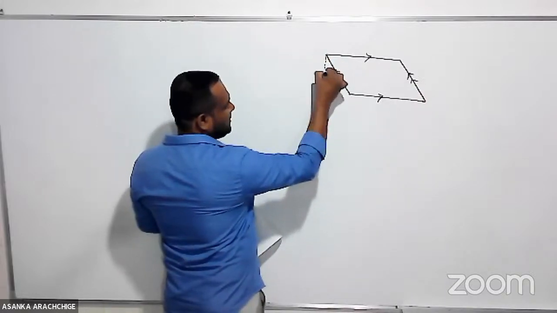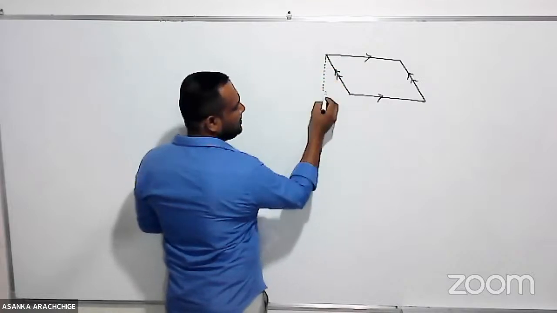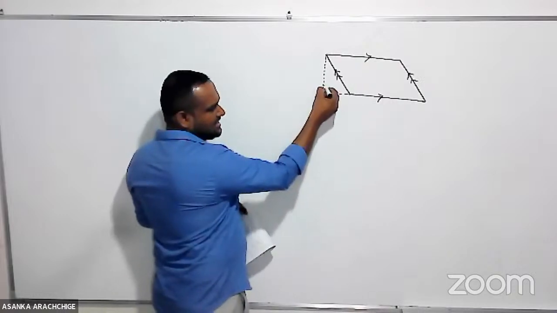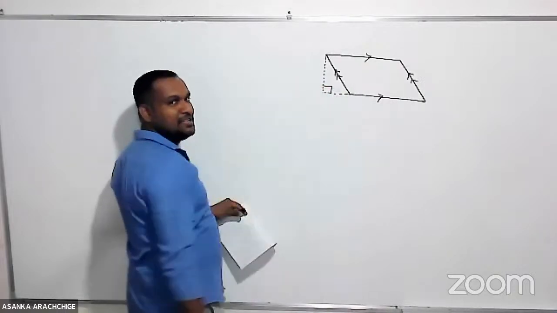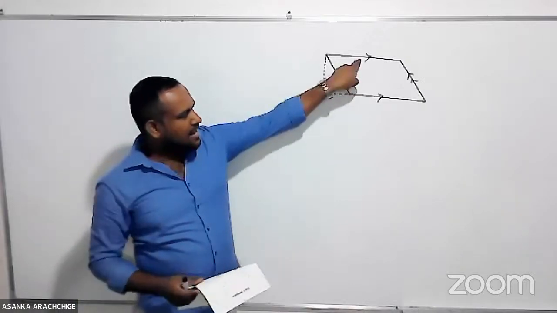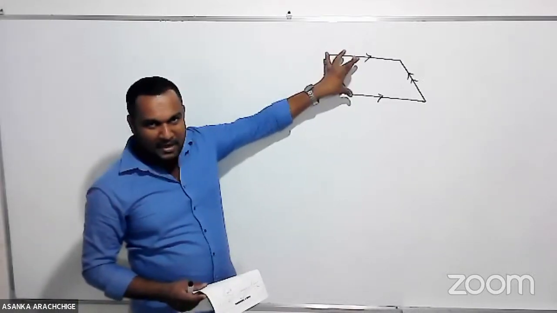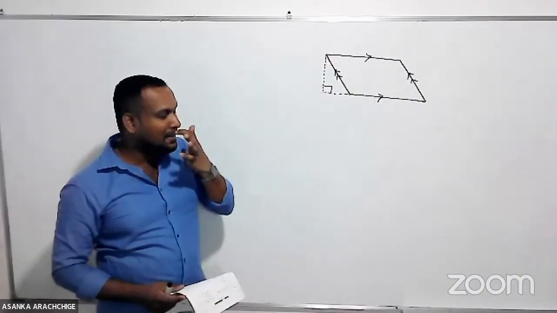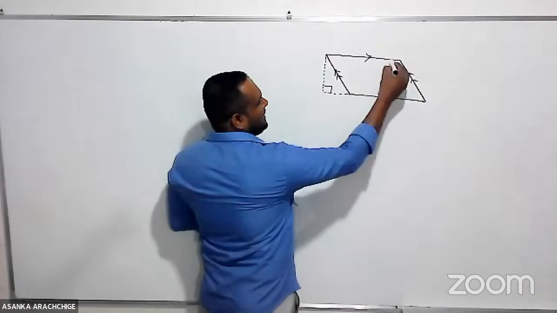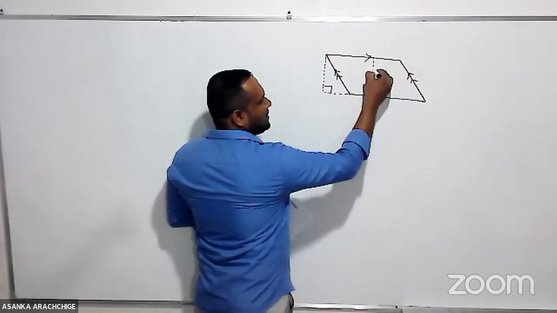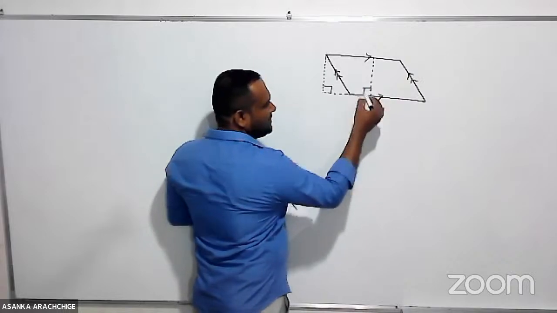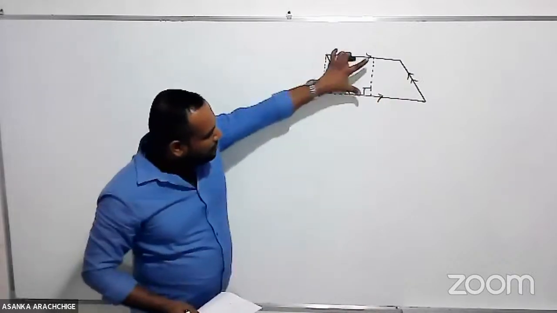The perpendicular distance between these two opposite sides has been given outside the parallelogram. It could have been given like this also, but both mean the same.